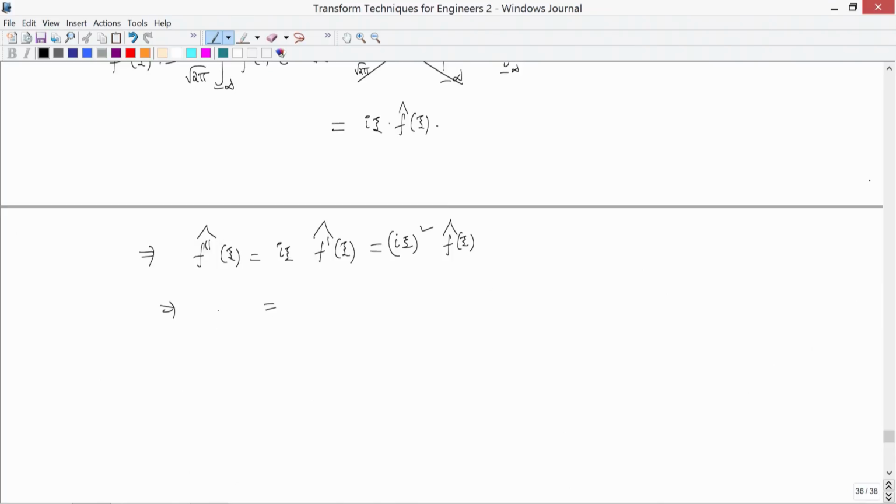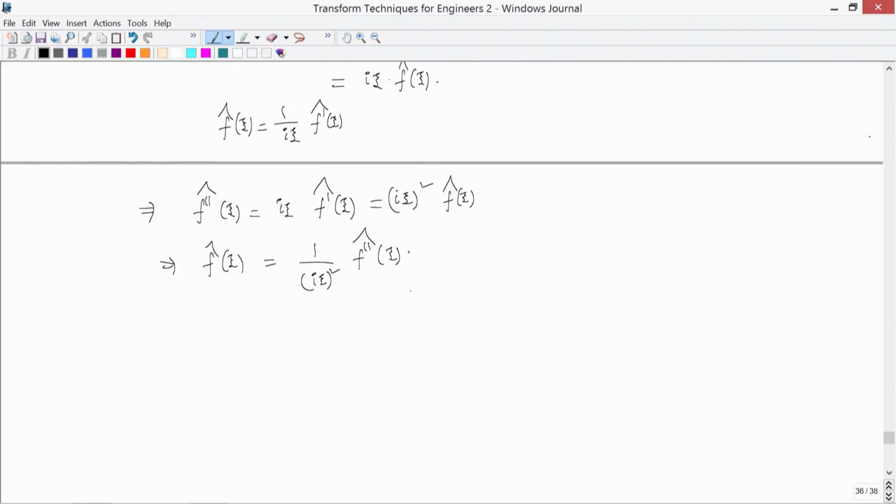So that makes f cap of xi equal to 1 by i xi whole square times f double dash cap of xi. Here, f cap of xi is 1 by i xi times f dash cap of xi, the Fourier transform of the derivative.